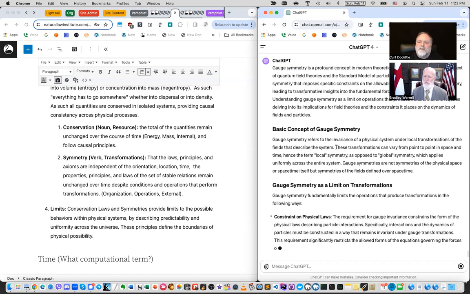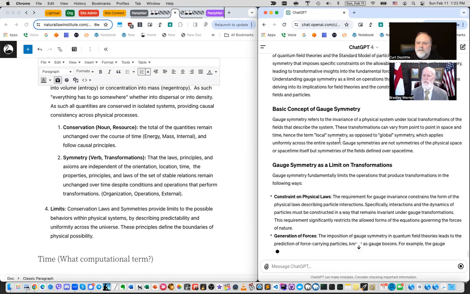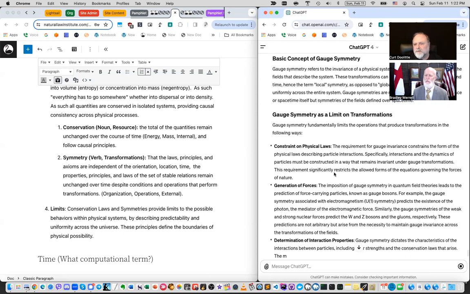Okay, that's what I was looking for. Fields defined over space-time. The requirement for gauge invariance constrains the form of the physical laws describing particle interactions, specifically interactions and dynamics of particles must be constructed in a way that remains invariant under gauge transformations.